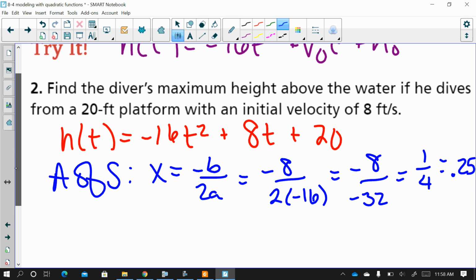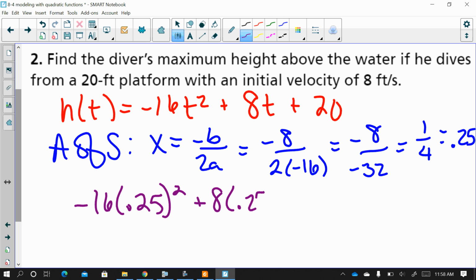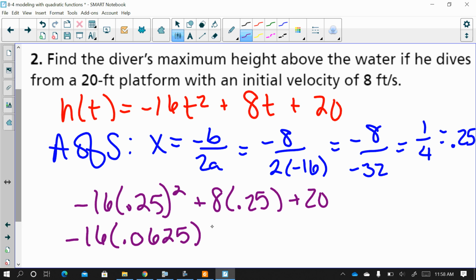Okay, so to find the height, I plug it in. So here we go. Negative 16 times 0.25 squared plus 8 times 0.25 plus 20. Well, 0.25 squared is 0.0625, so I have negative 16 times 0.0625 plus 8 times 0.25, which is 2, plus 20.